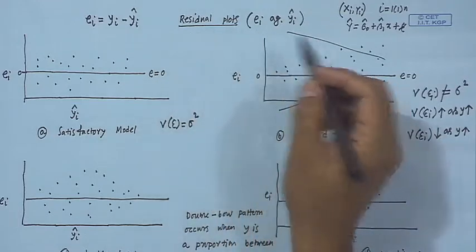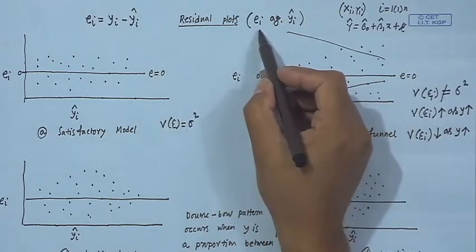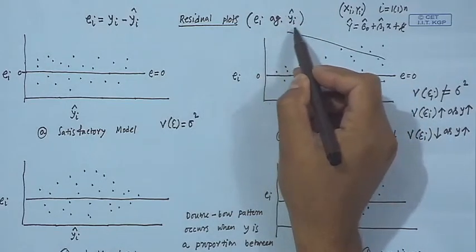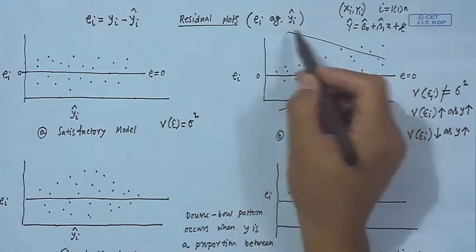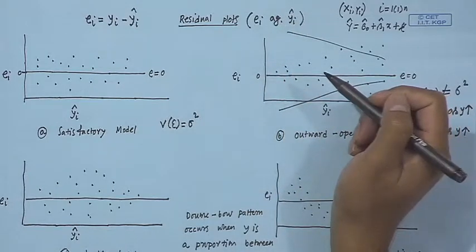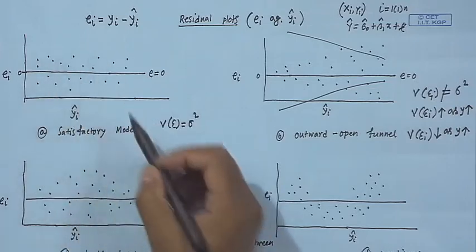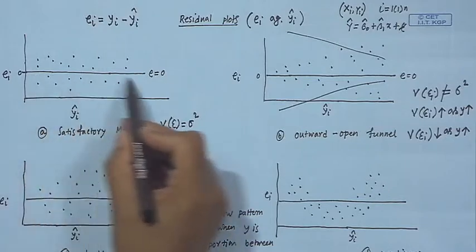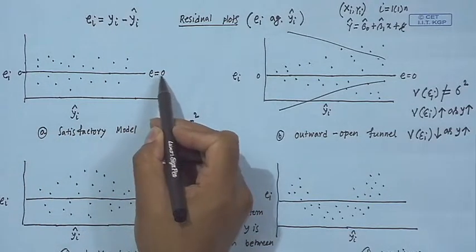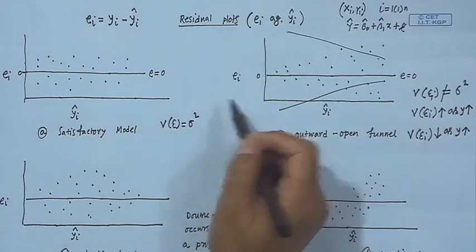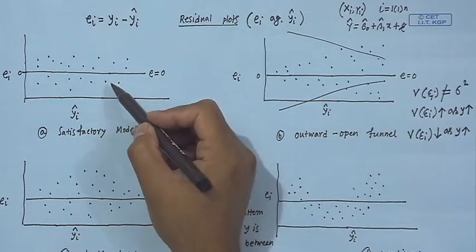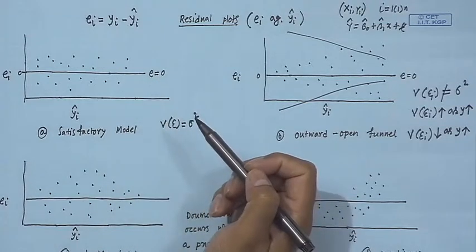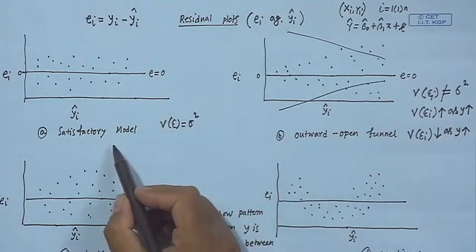Now, what is a residual plot? Residual plot is the plot of residual e i against the fitted response y i hat. So, here is the scatter plot of the residuals against the fitted response, and this is the line e equal to 0, and if you see the residuals are sort of centered about the line e equal to 0, then the model is a satisfactory model.